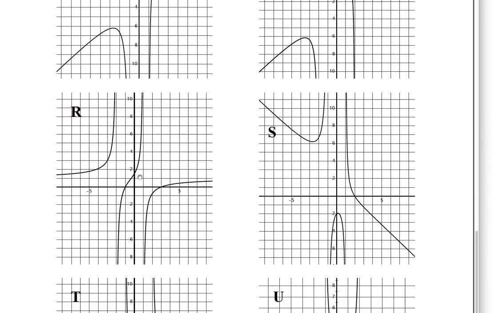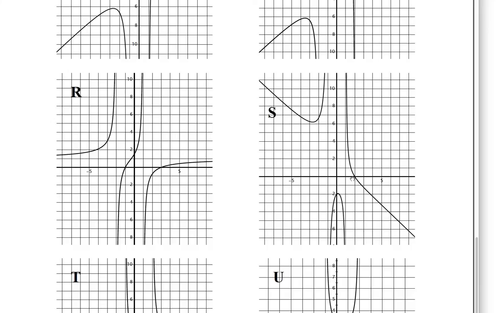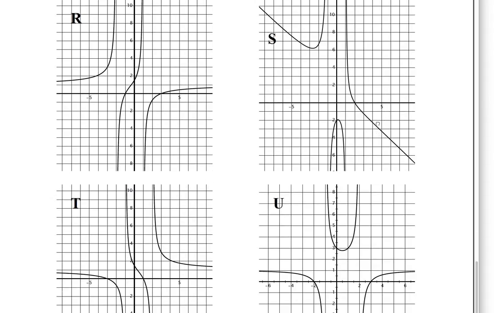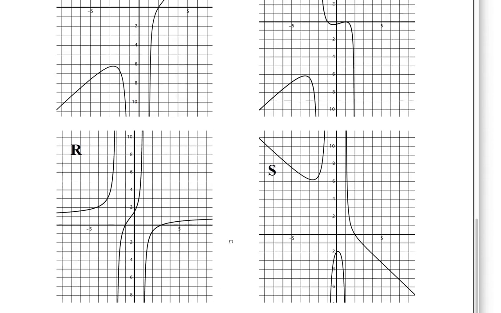This one, graph R, doesn't have vertical asymptotes in the right place. This one, graph S, does have vertical asymptotes at -1 and +1, and a slant asymptote, so it's a possibility. And again, T and U have horizontal asymptotes, so they're not possible answers.